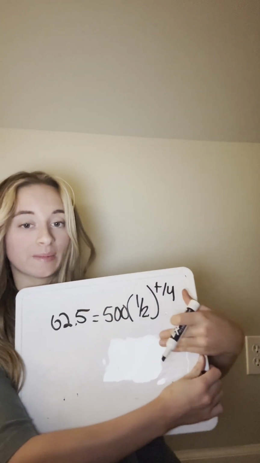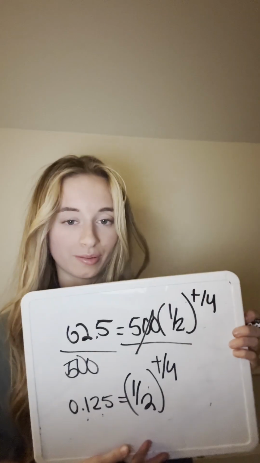We don't have the true exponent form yet. We divide everything by 500, so we divide this side by 500 and this side by 500. That crosses out. 62.5 divided by 500 is 0.125, which equals 1/2 to the power of t divided by 4.